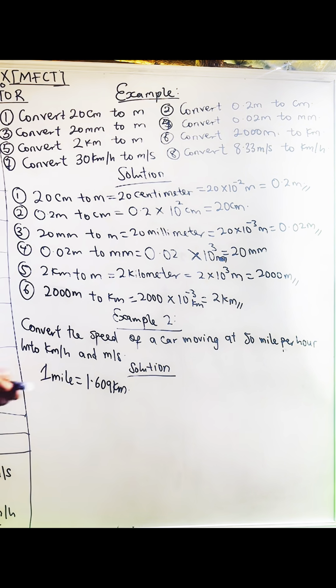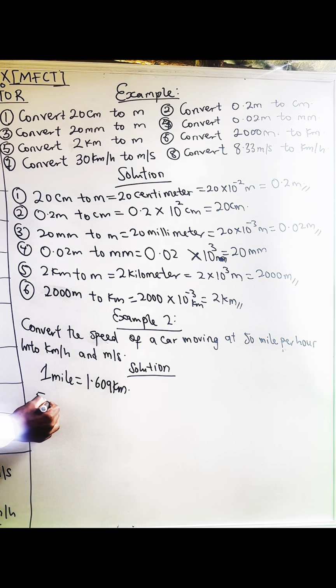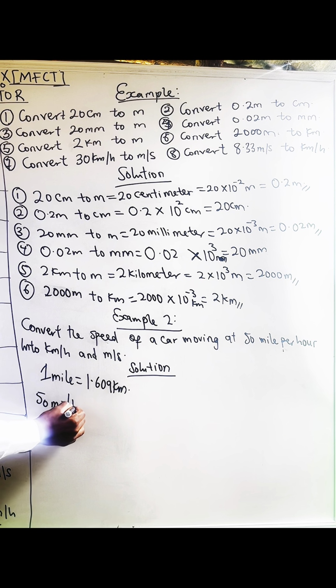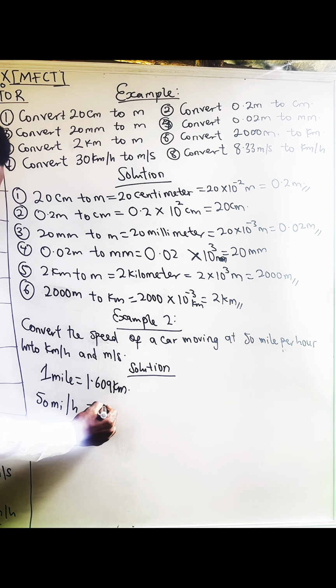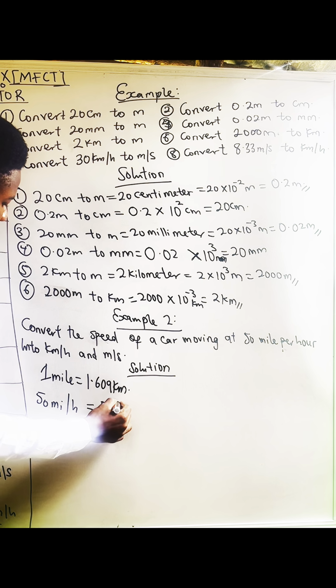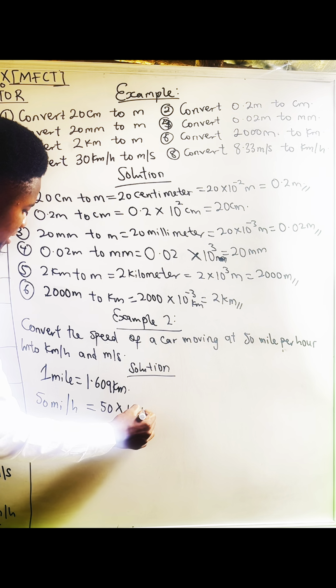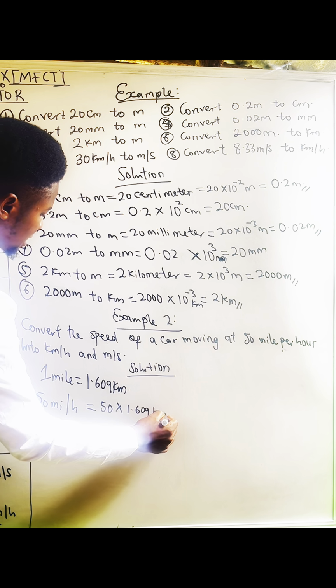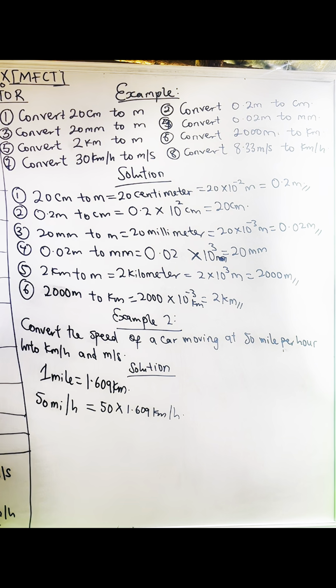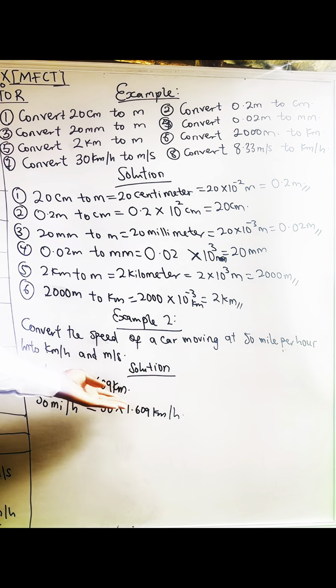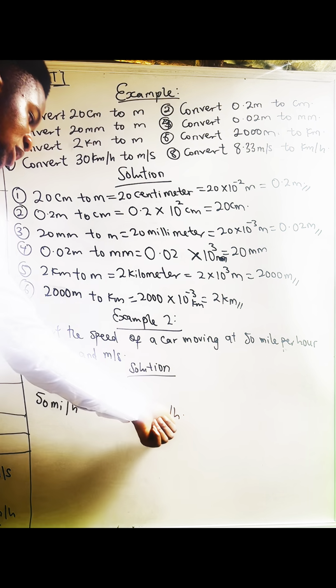So this simply means that 50 miles per hour would equal 50 times 1.609 kilometer per hour. So it is as if you are converting mile to what? Kilometer, because they are both in what? Per hour.